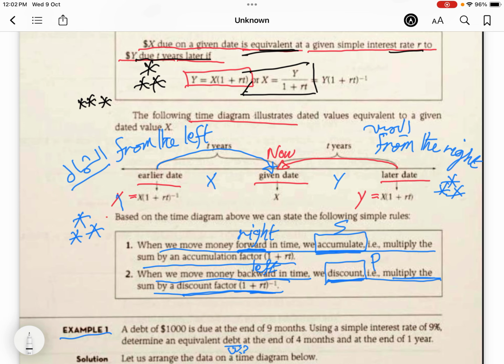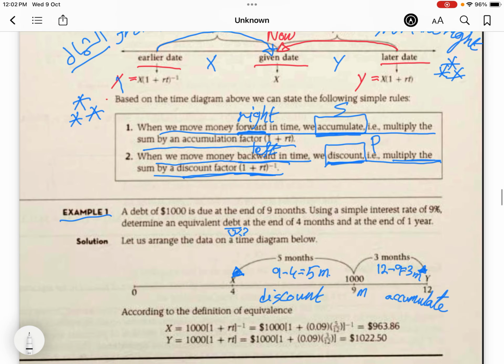Example number 1. A debt of 1,000 is due at the end of 9 months.